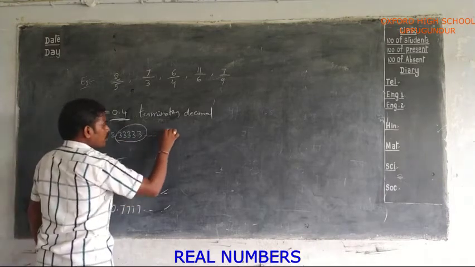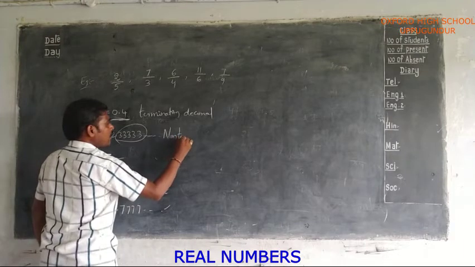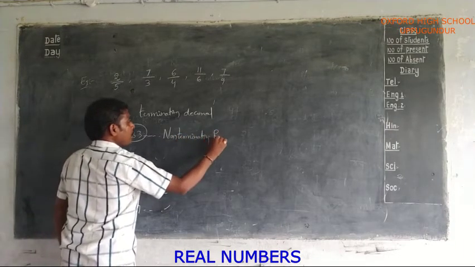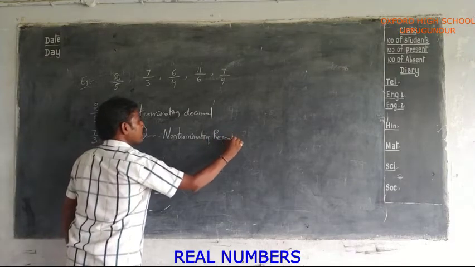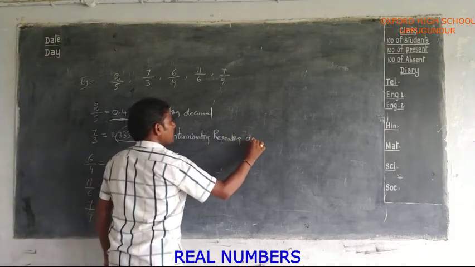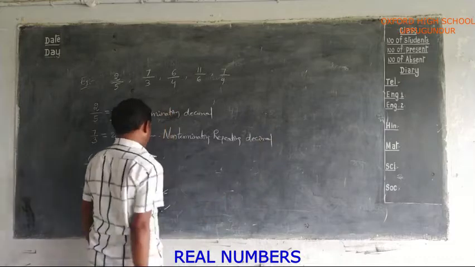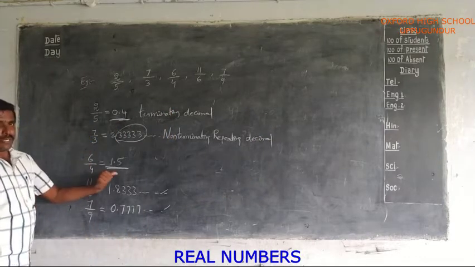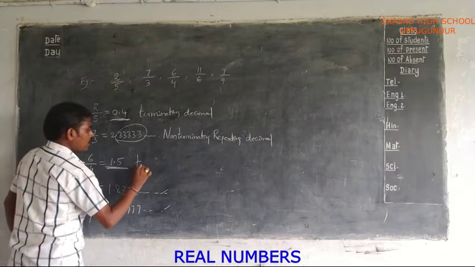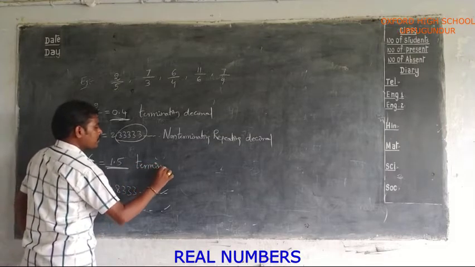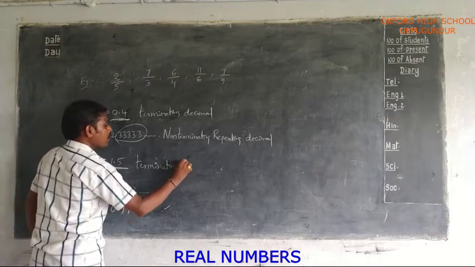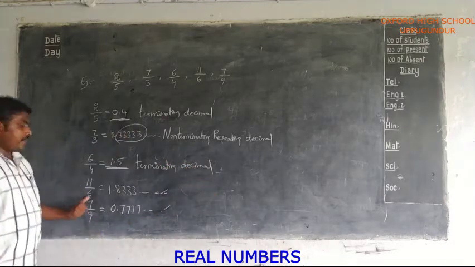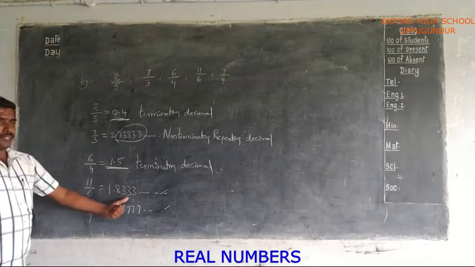So we call that one a non-terminating repeating decimal. Next one, 6 by 4 is 1.5. It is a terminating decimal. 11 by 6, 1.8333 and so on.